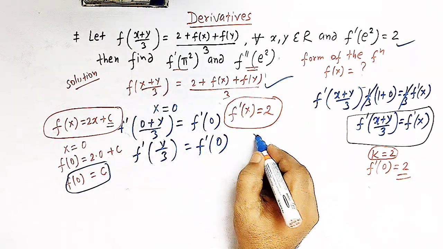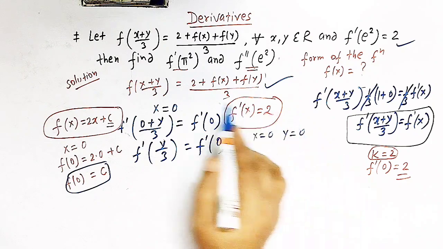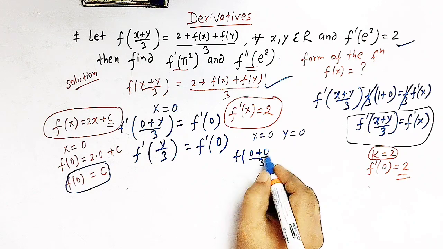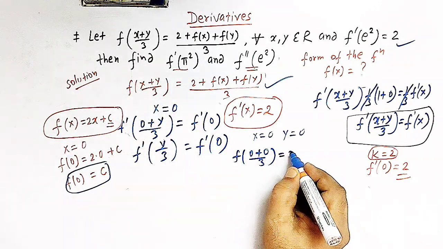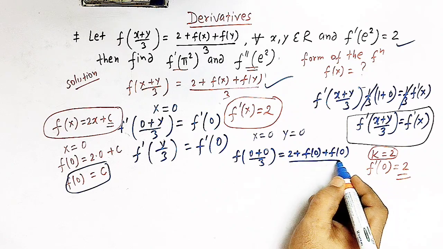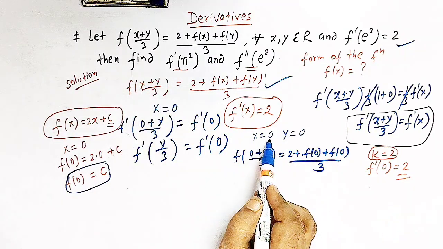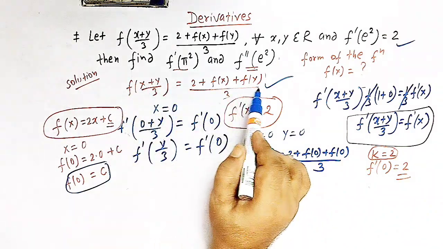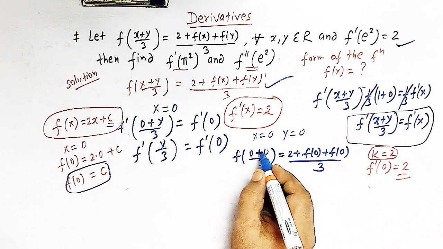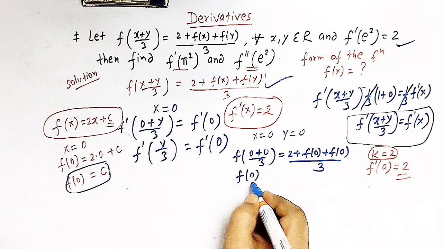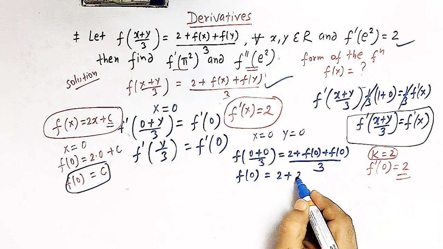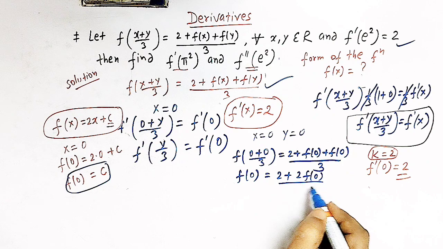So taking x is equal to 0 and y is equal to 0 in this equation, we have f of (0 plus 0) over 3, and then we have (2 plus f of 0 plus f of 0) divided by 3. So taking x is equal to 0 and y is equal to 0 in this entire equation, we have now this expression. So 0 plus 0 is 0, 0 over 3 is 0, so we have f of 0. Here we have 2 plus f of 0 plus f of 0 is 2 times f of 0, and here we have 3.